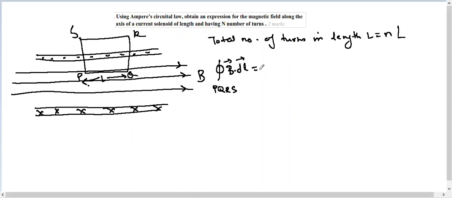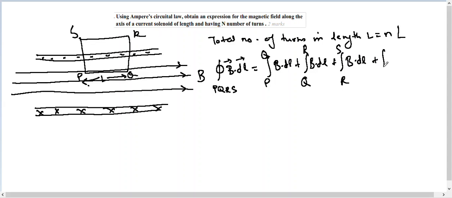We can divide it into 4 parts: the line integral from P to Q, from Q to R, B dot dl, then R to S, and then again S to P. All of them are dot products of vectors, so let's make the arrows as well. We are going to solve them separately.